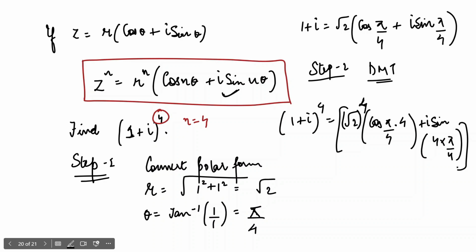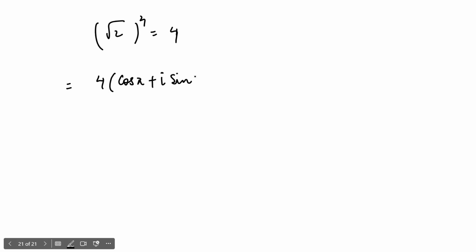Now you can simplify it. We know that root 2 raised to the power 4 equals 4, and 4 multiplied by pi by 4 is pi. So this can be simplified as 4 (cos pi plus i sin pi).